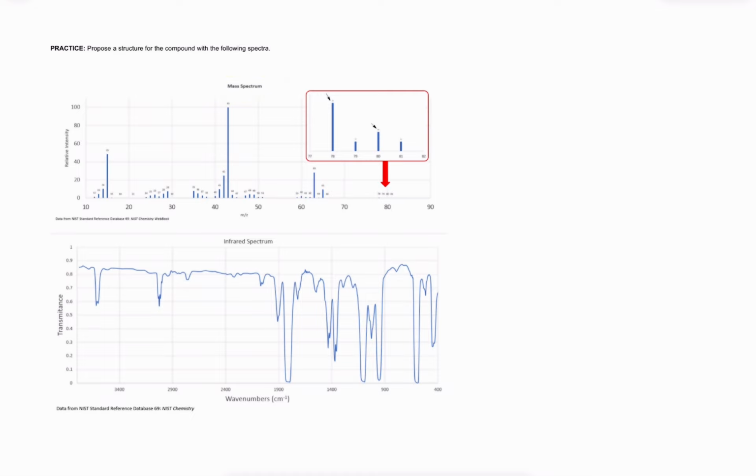The peaks emphasized in this red box are the 78 mass to charge ratio peak and the 80 mass to charge ratio peak. Whenever we compare two peaks like this that are 2 peaks apart, we need to compare the relative heights to understand what atom we have in our compound.